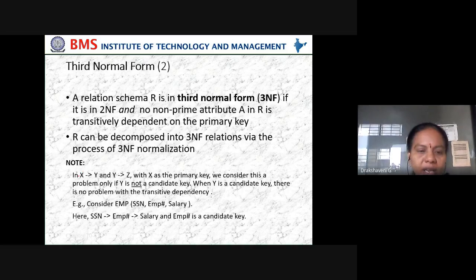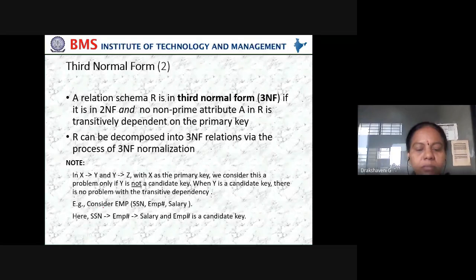Note, in X is functionally dependent on Y and Y is functionally dependent on Z, with X as prime keys, we consider this a problem only if Y is not a candidate key. When Y is a candidate key, there is no problem with the transitive dependency.